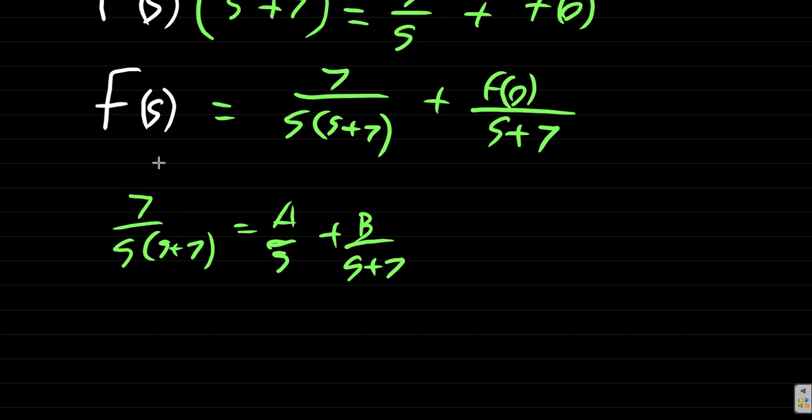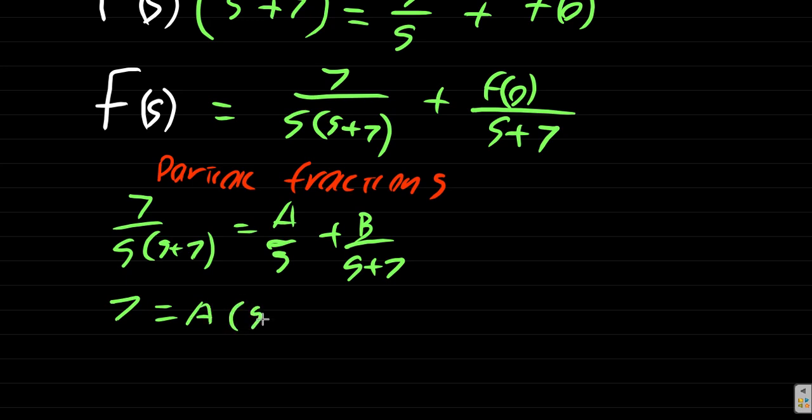Remember what we're dealing with here is partial fractions. So if we multiply both sides by s plus 7, we have 7 equals a times s plus 7 plus b times s.